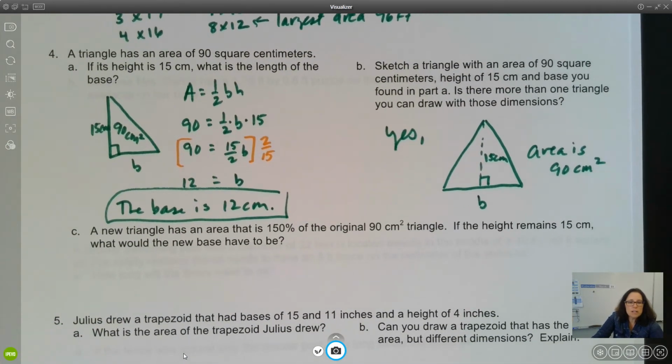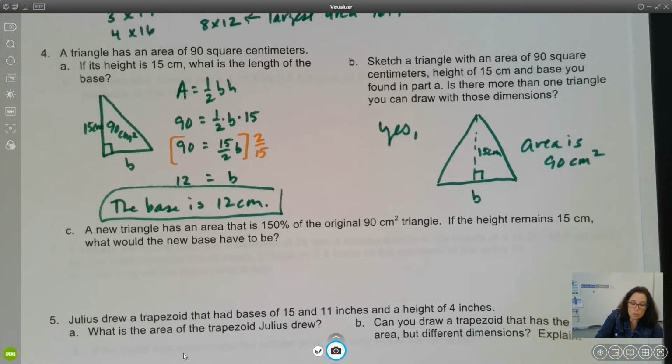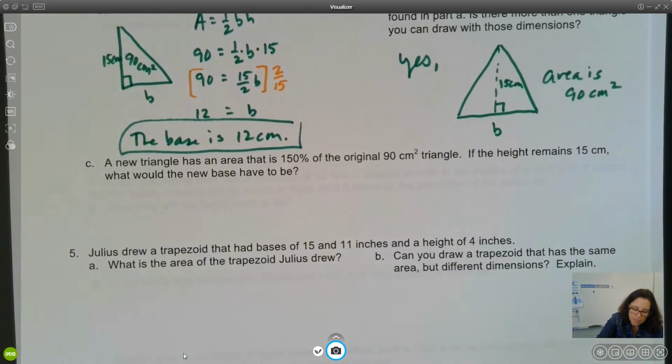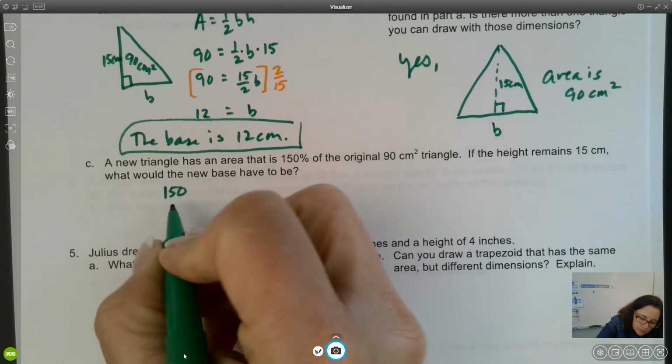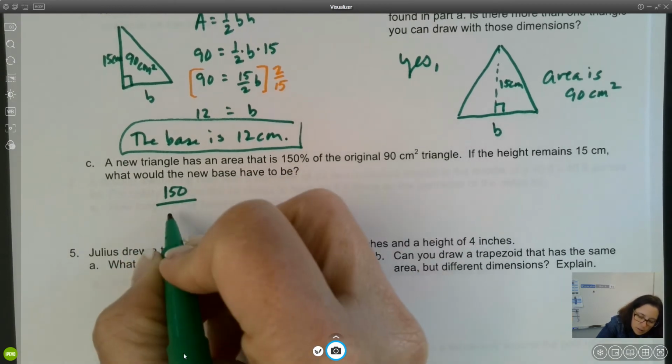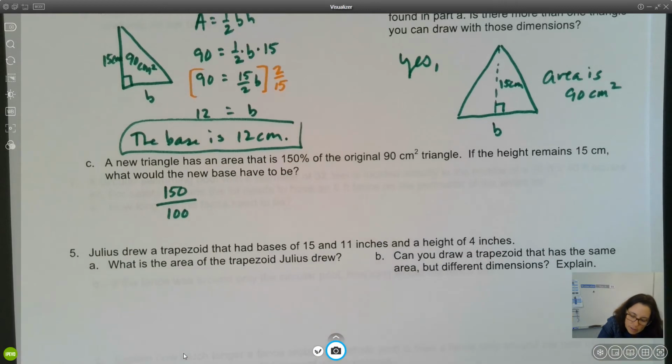All right, a new triangle has an area that is 150% of the original 90 centimeter squared triangle. If the height remains 15 centimeters, what would the new base have to be? All right, well, let's use our proportional knowledge from last module. I am looking for 150% over 100.